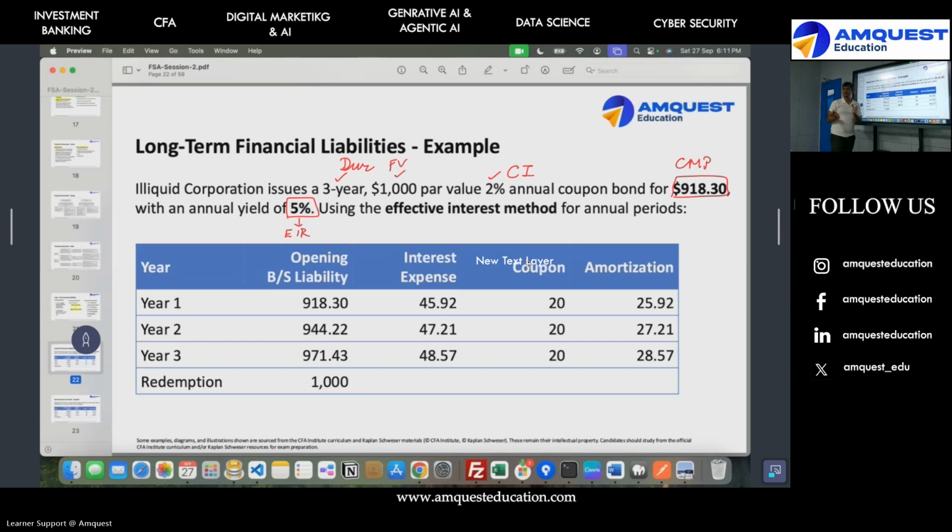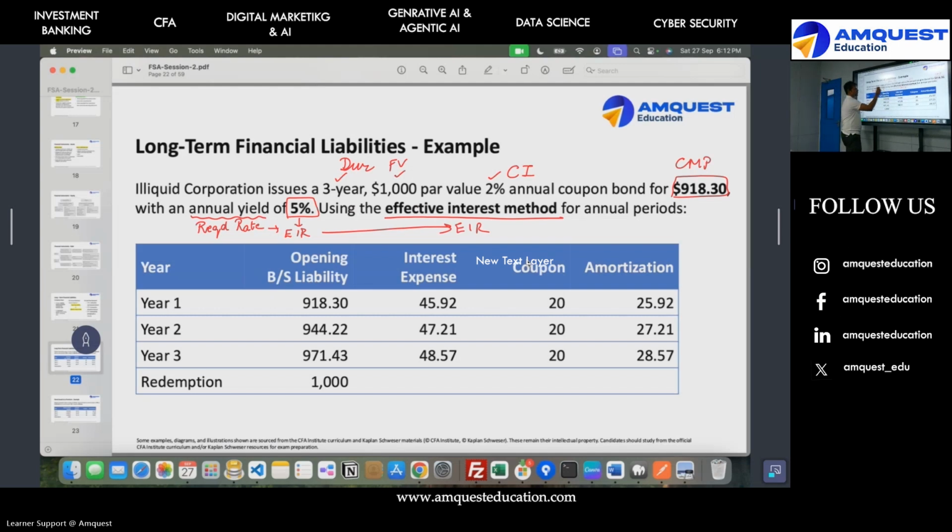Like the last class we did, remember cost of equity, cost of capital, required rate of return. This is the required rate of return, which is also called the effective rate, which is also called the effective interest rate. They're also telling you to use the effective interest rate method to compute.